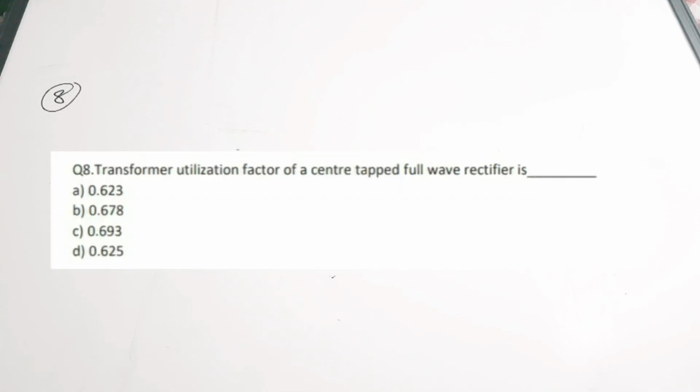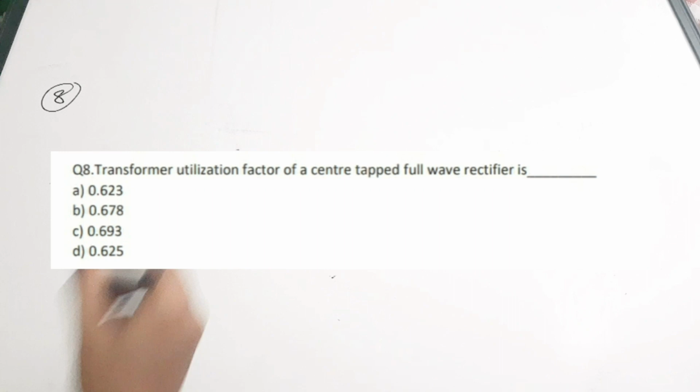The 8th question is from TUF, or transformer utilization factor. Again, a theory type of question, and you should also know the values for half wave, full wave, and bridge rectifier. Okay. So the question is, the transformer utilization factor of a center tapped full wave rectifier is dash. Before seeing the answer, what is actually TUF?